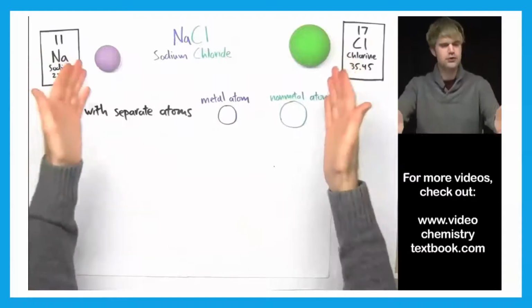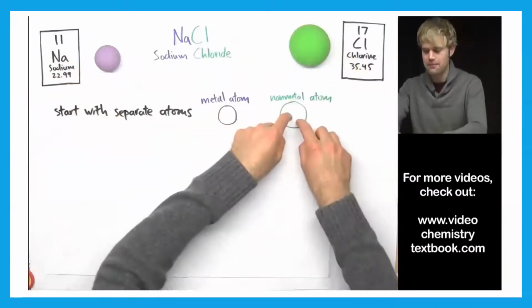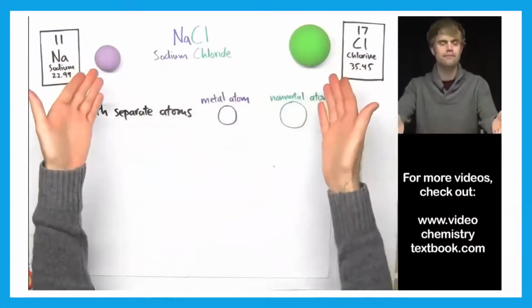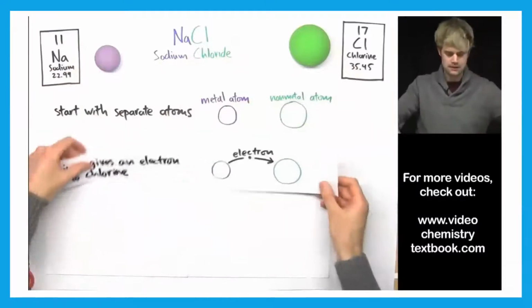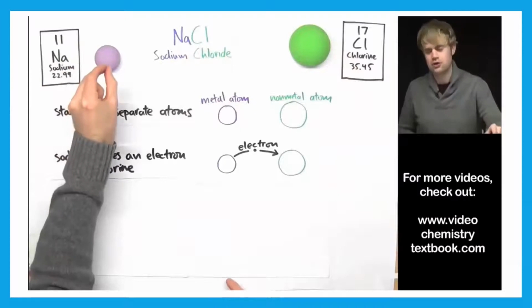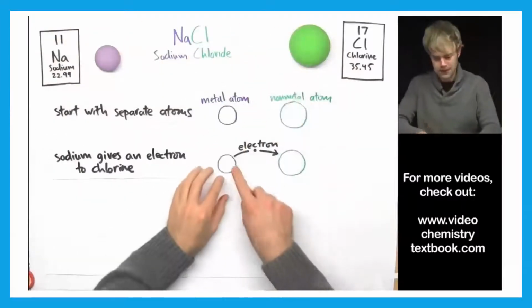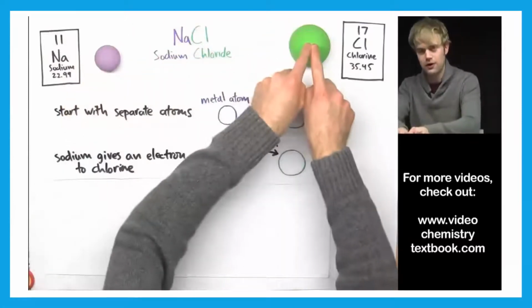We're starting with two separate atoms that aren't connected. We got the metal atom, the sodium here, and the non-metal atom, the chlorine, over here. Now the first thing that happens on the road to an ionic bond is that the sodium atom gives one of its electrons to the chlorine atom. Here's the electron moving between the two of them from the sodium to the chlorine.